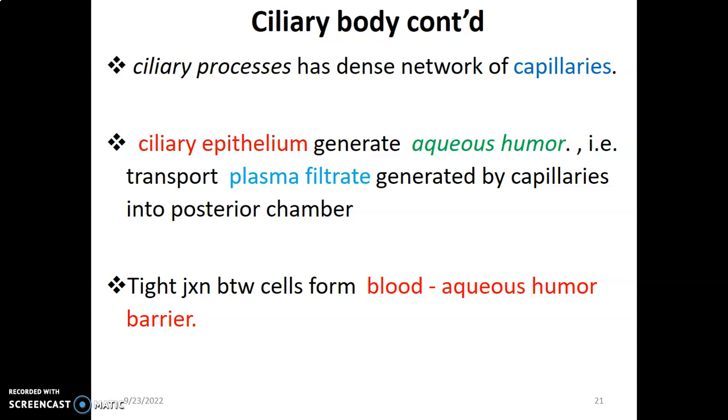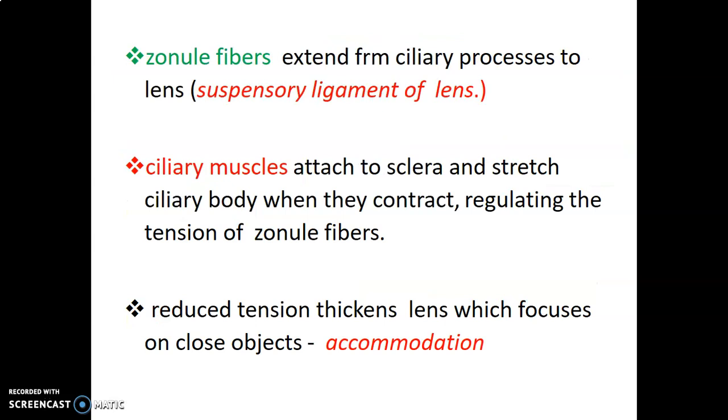You tend to pull on the tension of the zonular fibers, and when they relax, you reduce the tension, and that thickens the lens. And when you thicken the lens, you're able to focus on objects that are close by or near, and that's what you call accommodation. So when ciliary muscles contract, you stretch the ciliary body, and you stretch the zonular fibers and stretch the lens for far vision.